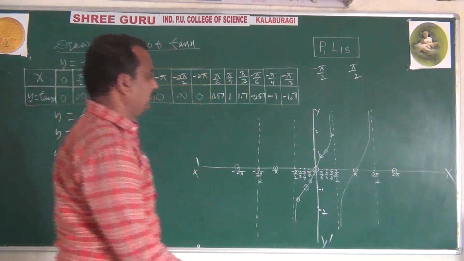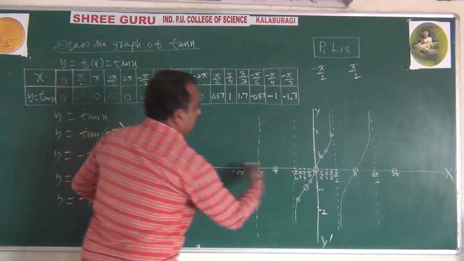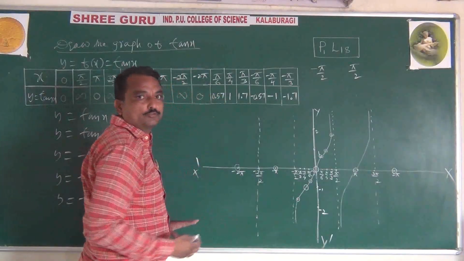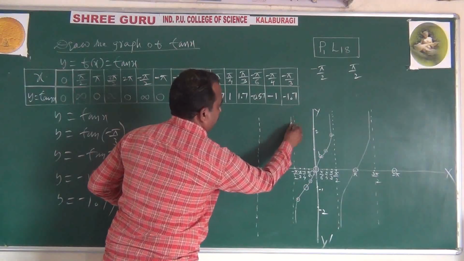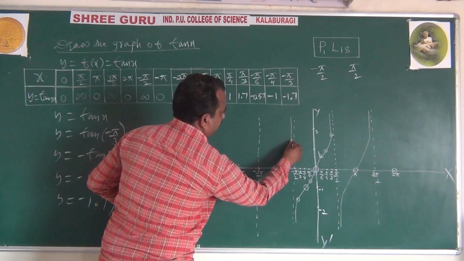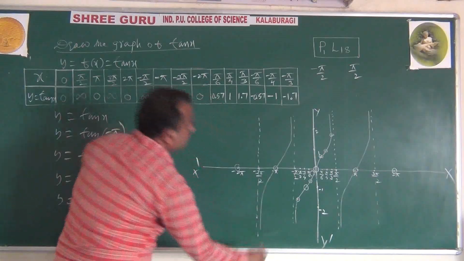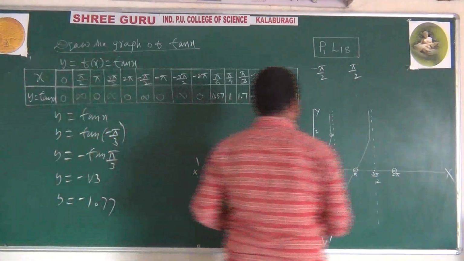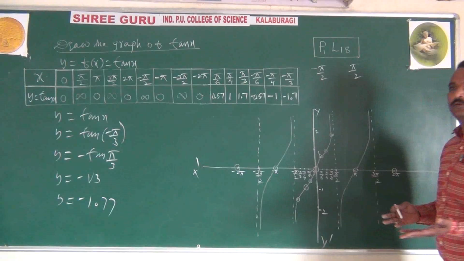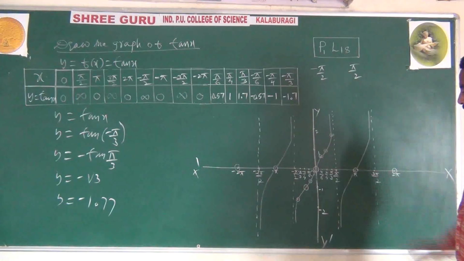Like that, it can't touch those infinite lines. Similarly, I will take for these two intervals also. Like that here, in between the infinity lines, it can't stop. You may give the values here, you will get the values here.